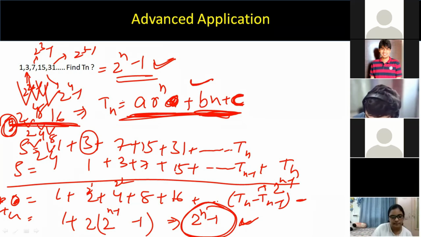So the general term is a into r to the power n plus bn plus c. Here r is 2. So this is nothing but this. Now we have so many methods; use any method in the exam and just solve the question. Clear? Can we move on?